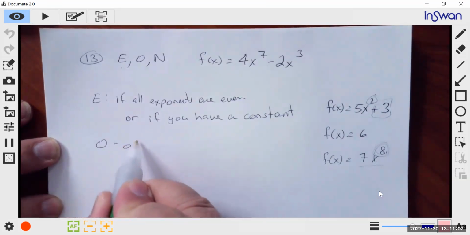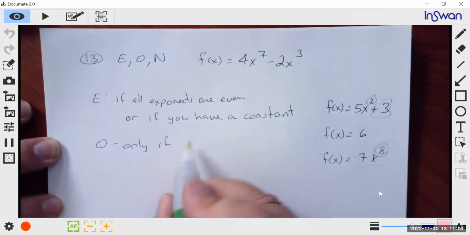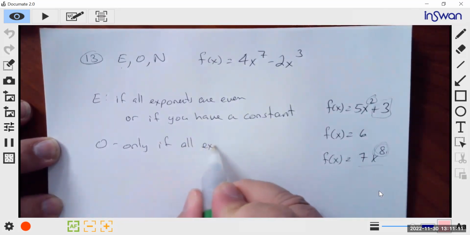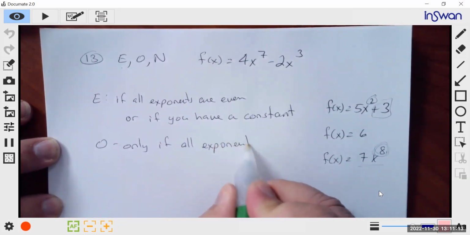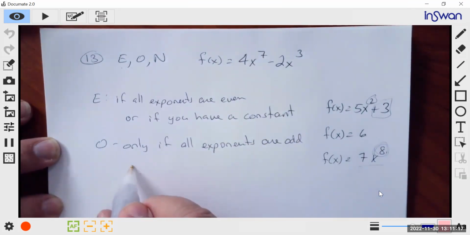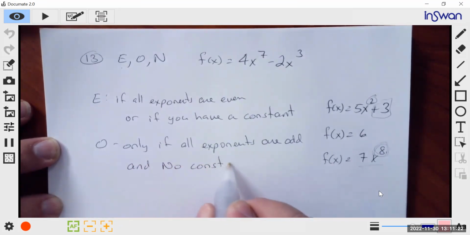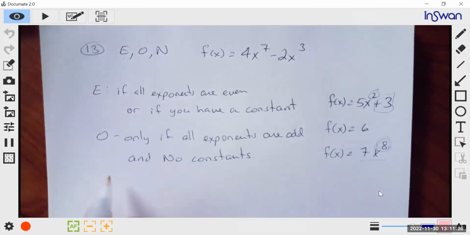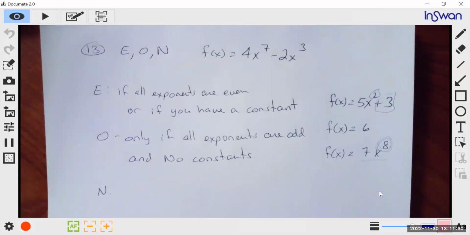Odd, only if all exponents are odd and no constants. And neither if it's everything else.